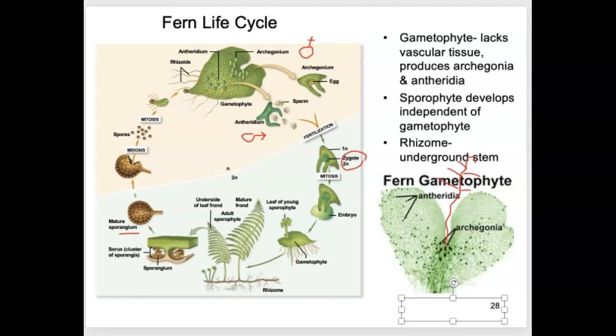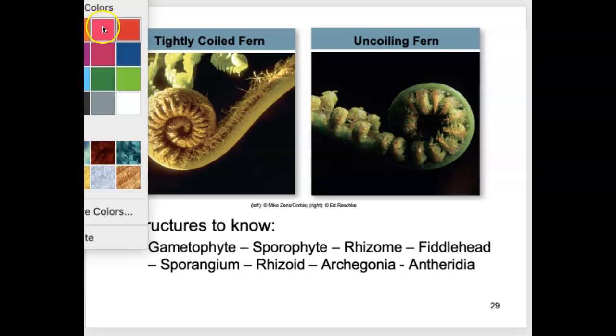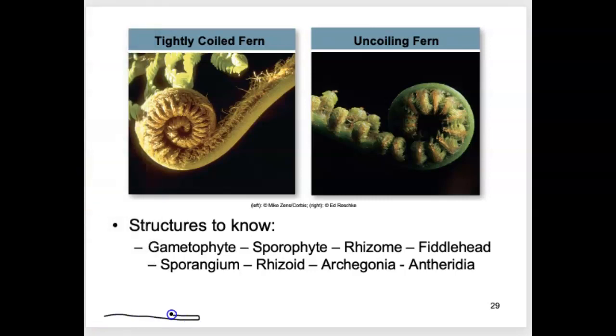So when the new sporophyte is developing, it comes up as a thing known as a fiddlehead. So let's go back to our rhizome underground. In the spring, you've got this stick underground with all these little hair structures, rhizoids, coming off of it.